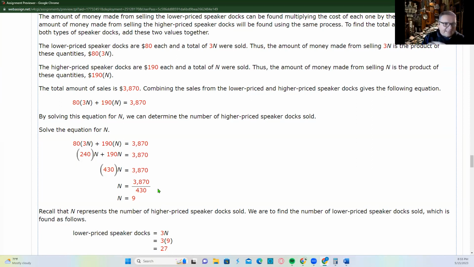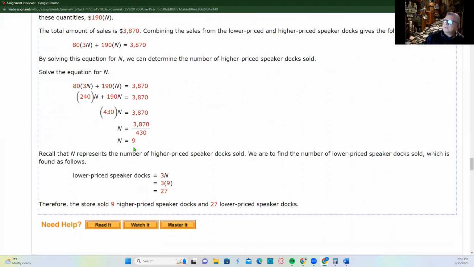N divided by N is 1. If I divide on this side, I have to do the same on the other side as well. So we know that they sold 9 of the higher price speaker docks, and if they sold 3 times that many of the lower ones, they sold 27 of the lower priced ones.